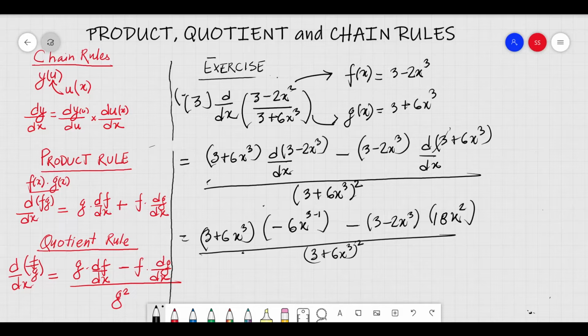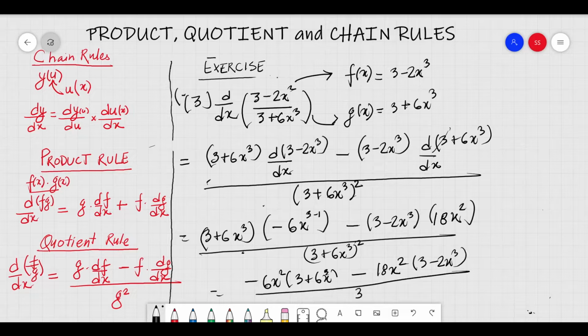If you want to simplify more, it is minus 6x squared times (3 plus 6x cubed), minus 18x squared times (3 minus 2x cubed), divided by (3 plus 6x cubed) whole squared.